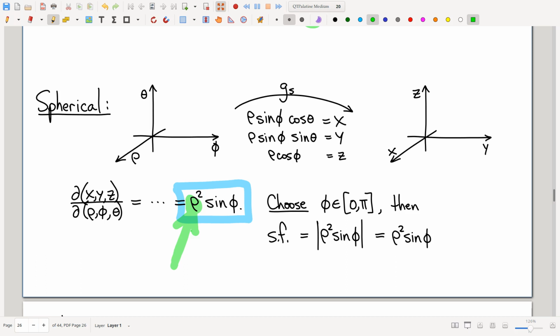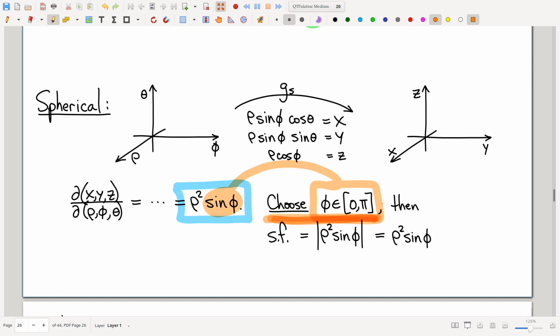What you have to be careful about instead is that sine phi always be positive. And so I'm going to choose these values of phi. I'm going to promise that when I'm doing spherical coordinate integrals, I'm only going to use phis that are between 0 and pi.